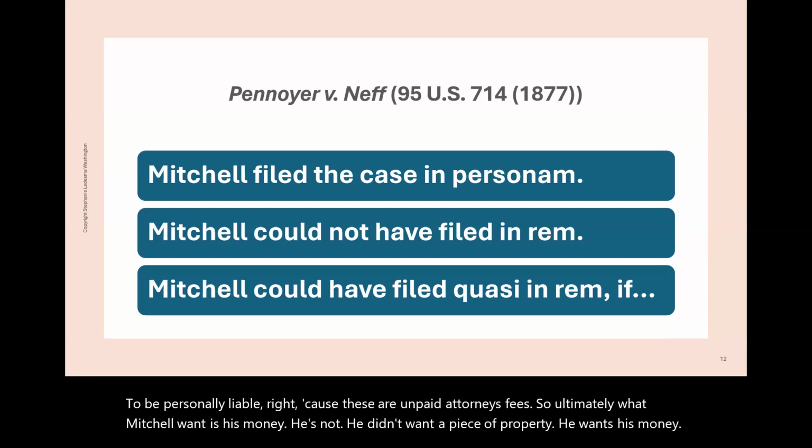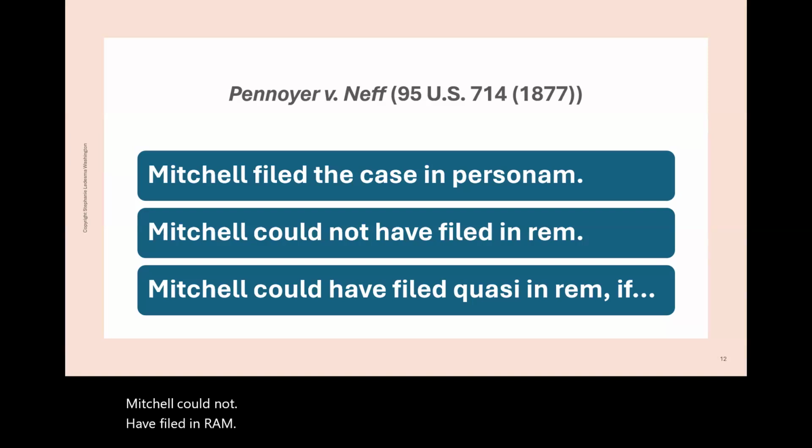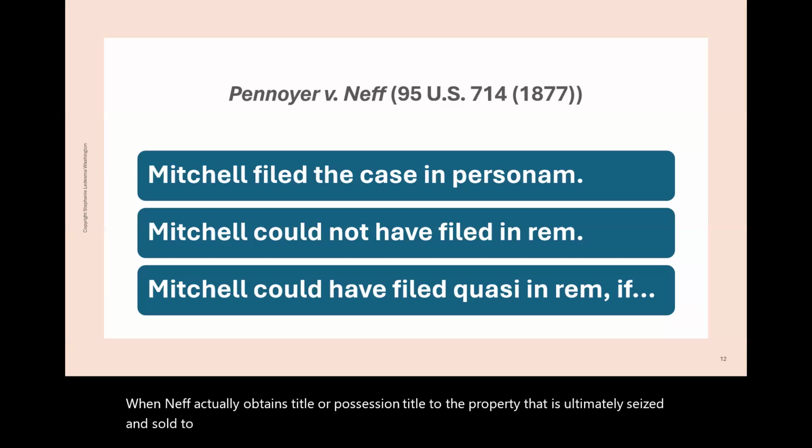Mitchell could not have filed in rem. Why? It's not the property that he wants, right? And there's some ambiguity as to when Neff actually obtains title to the property that is ultimately seized and sold to satisfy the money judgment.